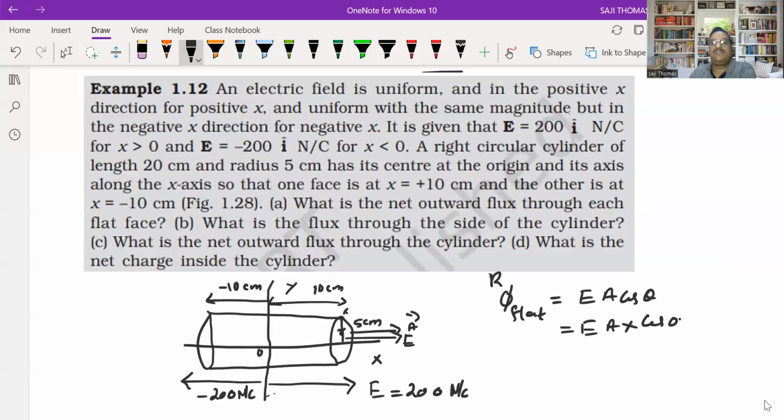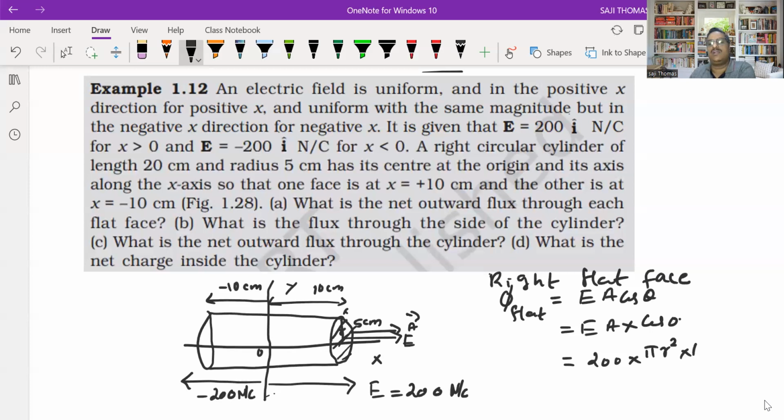This is for the right flat face. E is 200, into area. The area of this flat face is circular, pi r squared.